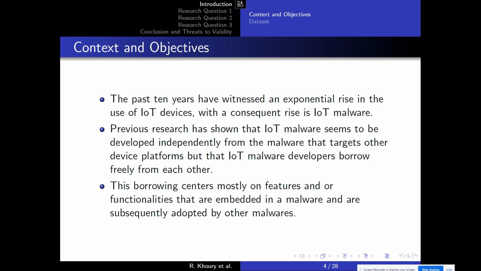One feature in particular that's especially interesting is the use of vulnerabilities as an attack vector. The earliest IoT malwares usually infected their victims through credential attacks, usually brute forcing credentials or credential dictionaries.